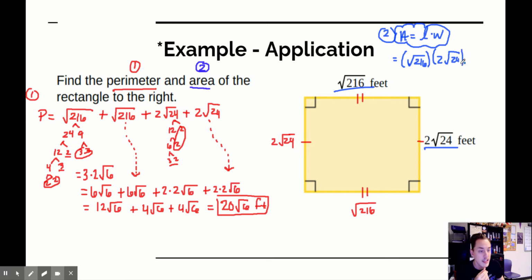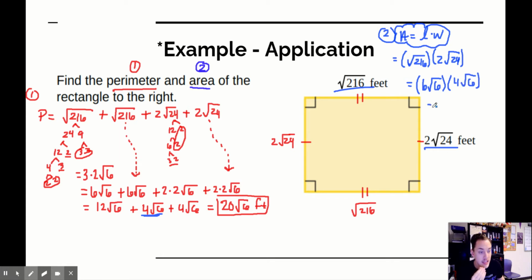Now I already know, that's the awesome part about this, the simplified versions of these. What's the simplified version of radical 216? 6 radical 6. And the simplified version of 2 radical 24 is 4 radical 6.